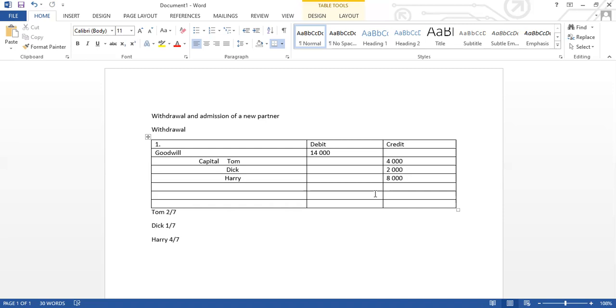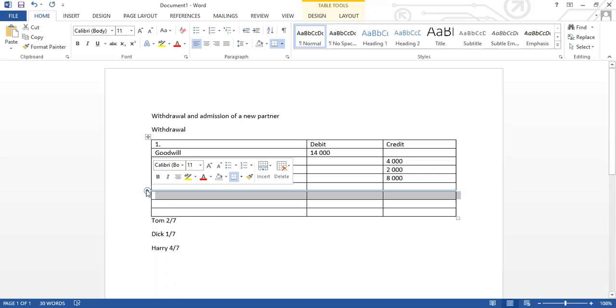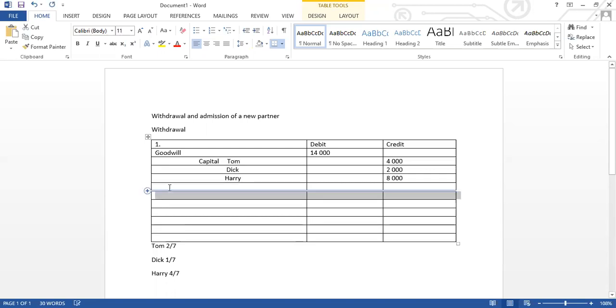So we need to credit our partners' capital account. Why? Because those are profits. So when partners share profits, their capital account is credited. And when there are losses, their capital accounts are debited.